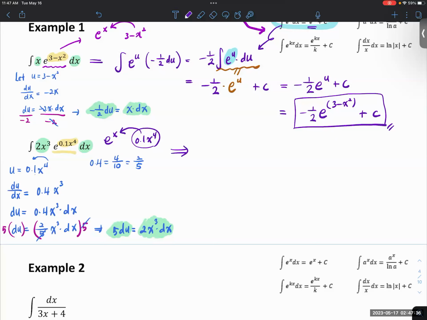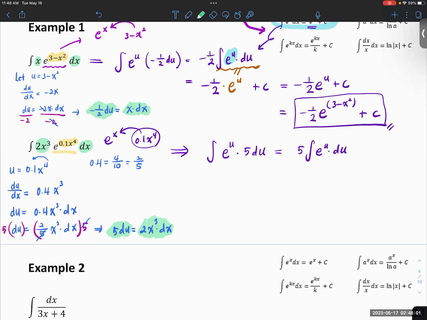So that means now in the integral, we have e to the u, correct? Because 0.1 x to the 4 is u. And then 2x to the third dx, we just found out that is 5 du. Beautiful. I'm going to bring the 5 to the front, e to the u, du. Everything is now in terms of u.